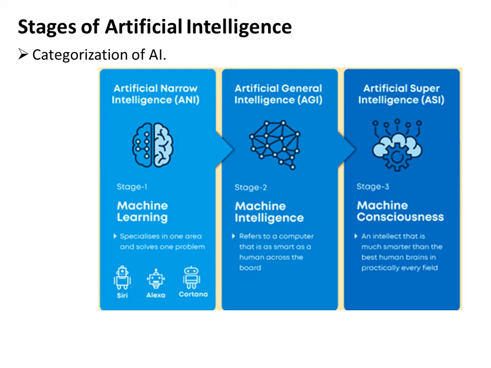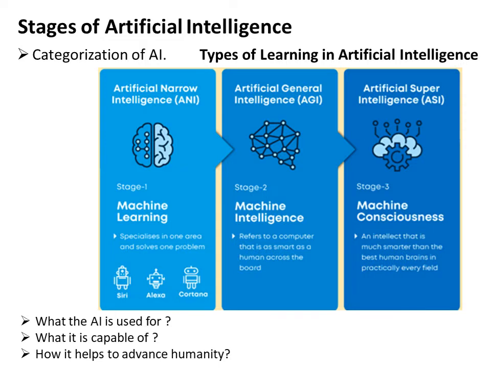Or you can also term them as types of learning in artificial intelligence. Actually, they follow a similar outline but get written about with a stronger foundation in what the AI is used for, what it is capable of, and how it helps to advance humanity. Let us have an in-depth analysis on each stage.